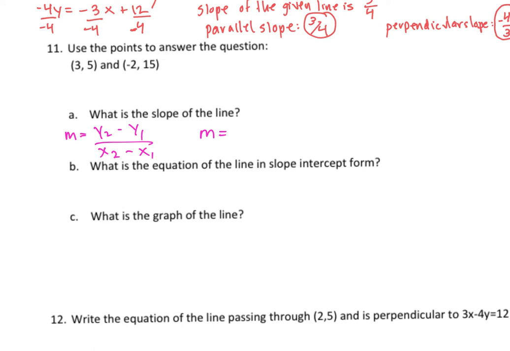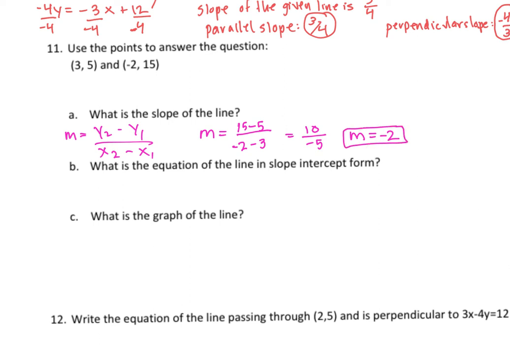But it'll be just quicker if you do know the formula. So y2 is 15 minus y1 is 5. x2 is negative 2 minus x1, which is 3. So I have here 10 over negative 5. So the slope of my line is negative 2.